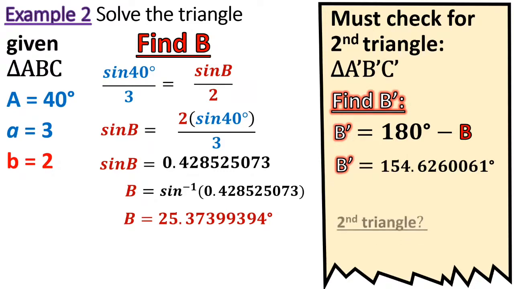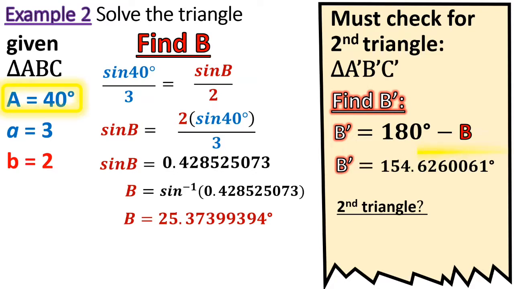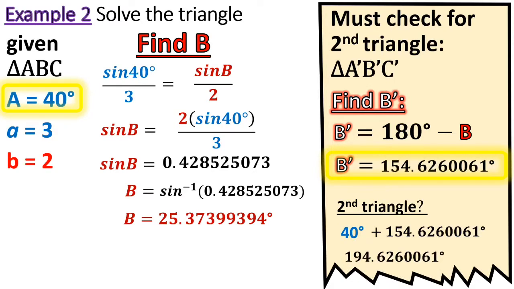Now we will make the decision if there is actually a second triangle. We want to take the given angle and add it to the possible B prime. If we add these two angles together, we get an amount that is greater than or equal to 180 degrees. That's impossible.